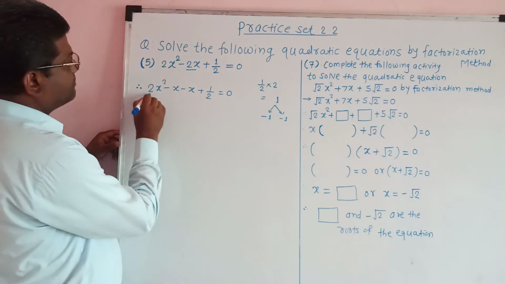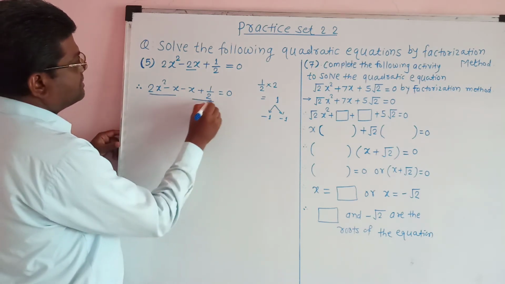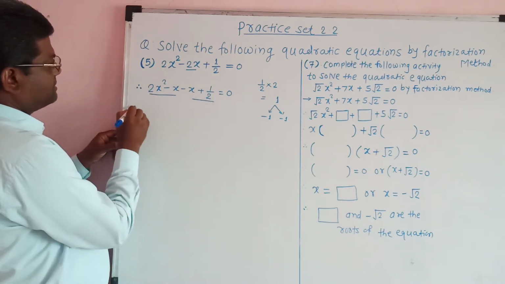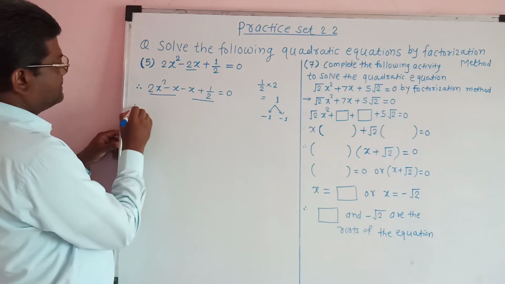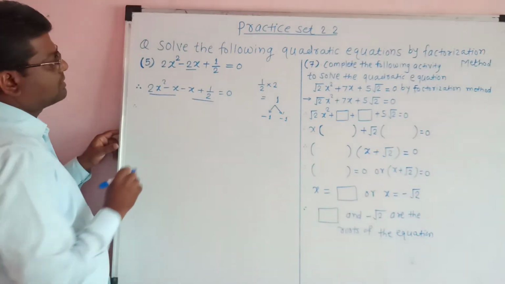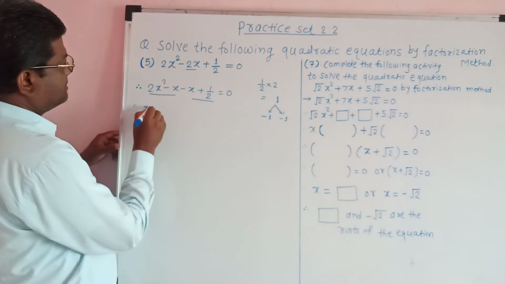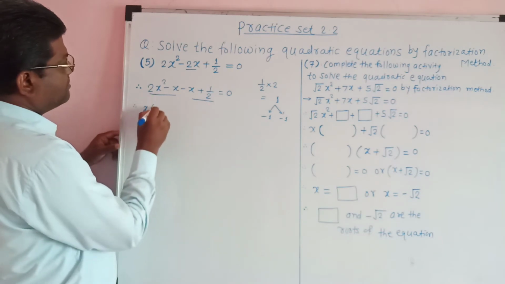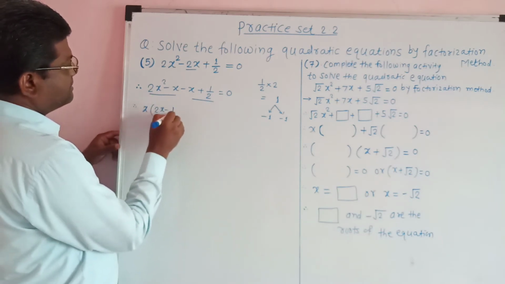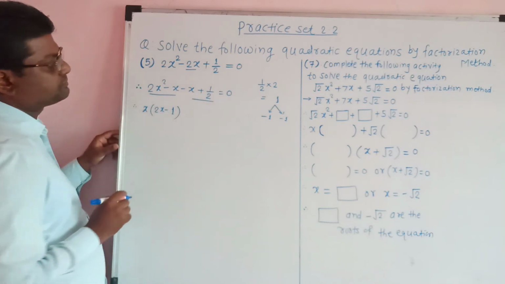Now, in these two terms, we take x common. Therefore, we have in bracket 2x minus 1.